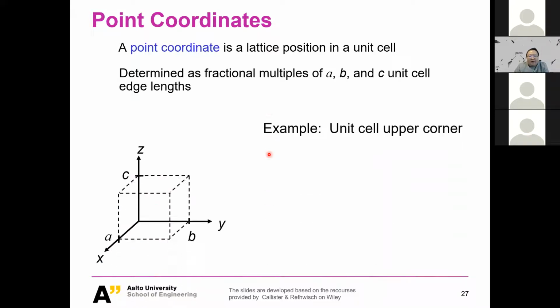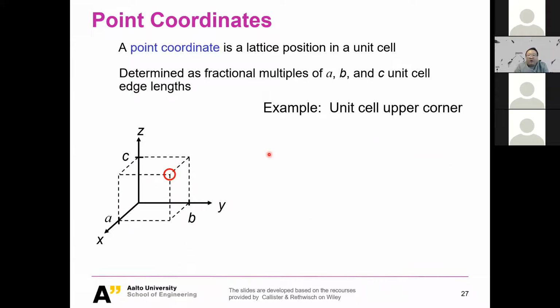First of all, we will go with the point coordination. If we want to identify one atom in a unit cell, how are we going to do that? That's something you could easily know. Basically, we just construct a coordinate system in line with our unit cell.